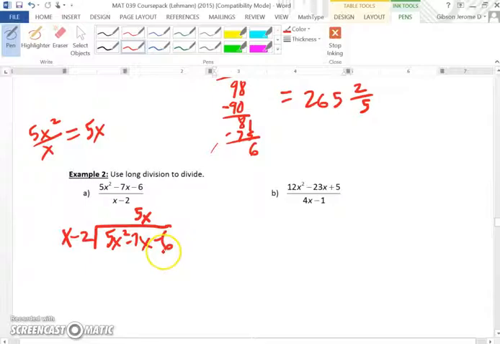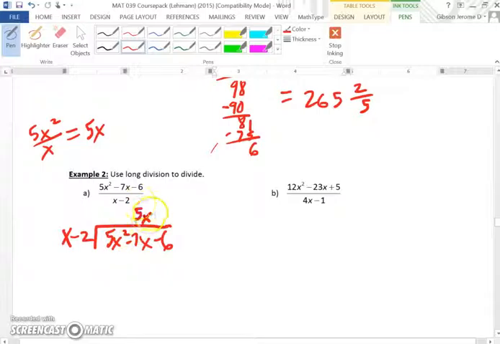Before we go on, are there any questions as to how I got the 5x? So everybody's good? Okay, I'll re-explain. When you set this division problem up, you would take this first term of x and ask ourselves, how many times does x go into 5x squared?